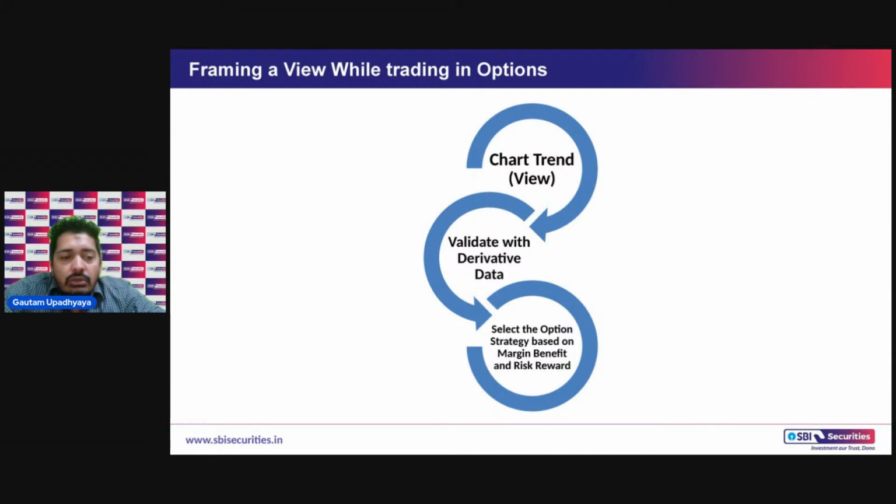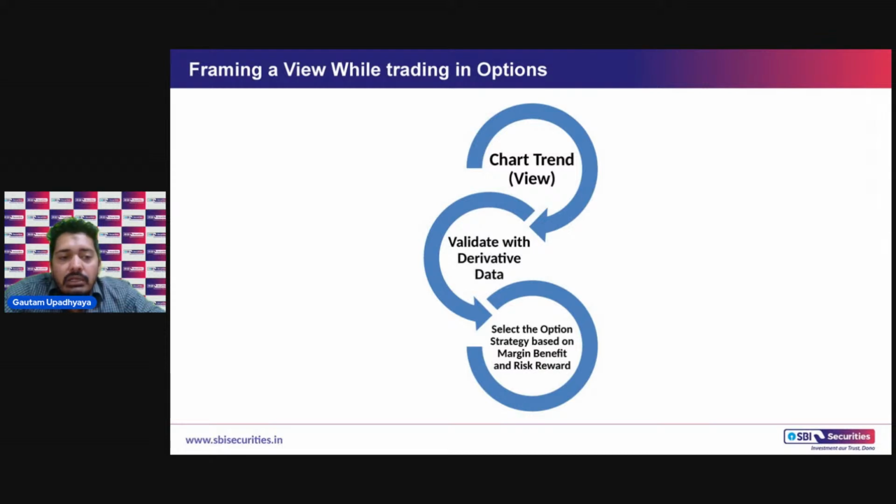And last, पहले first you make a view, then you make use of the derivative data. Data क्या बता रहा है? What is the data indicating to you? What is the overall bullishness or bearishness in the market based on the derivative data? So that is the second part of the analysis.